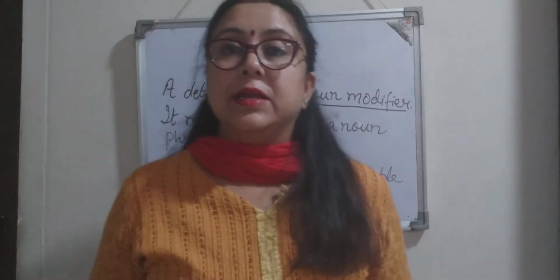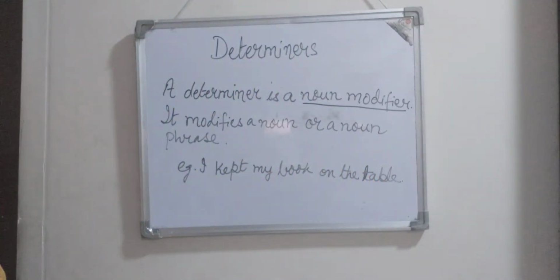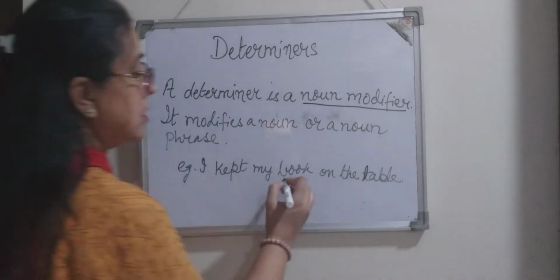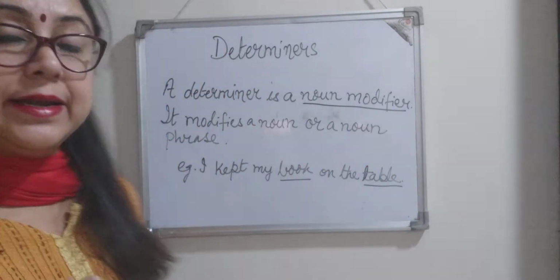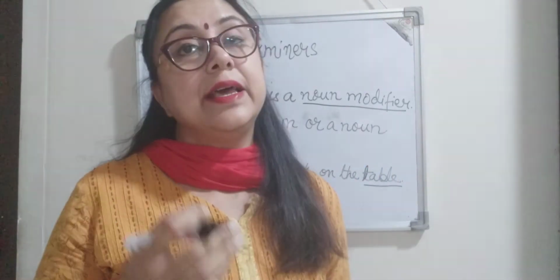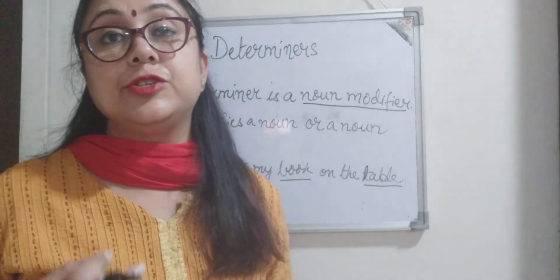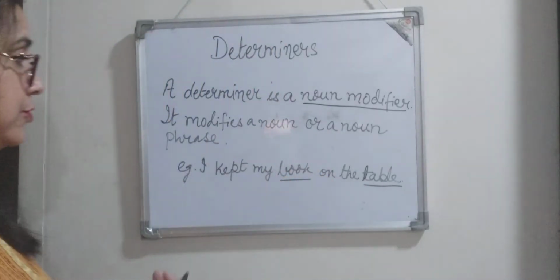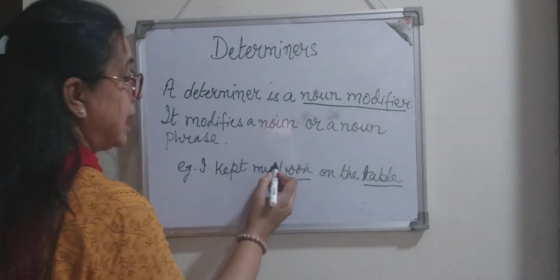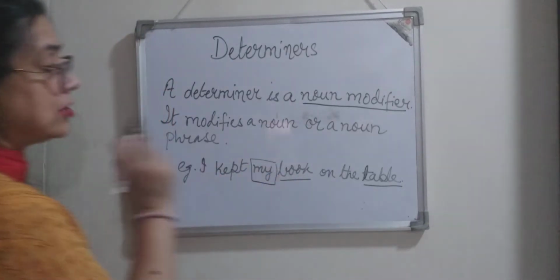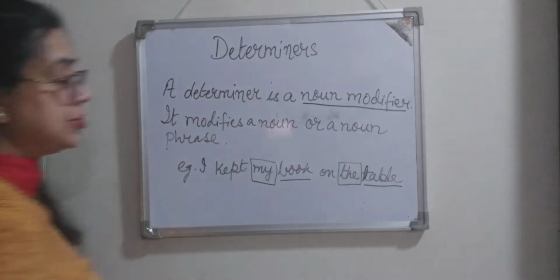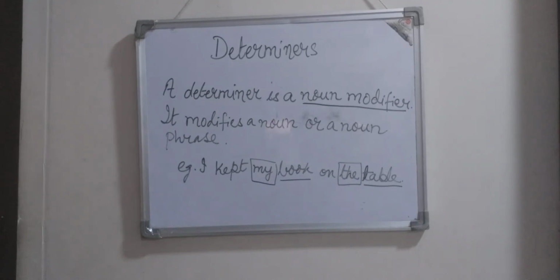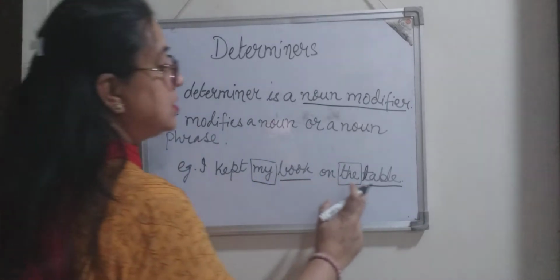Fine. Now, let us see an example. I kept my book on the table. So, where are the nouns here? Book and table. And now, let us find out which words give us more information about these nouns. Of course, here in this sentence, my gives us more information about book, and the gives us more information about the table, right? So I kept my book on the table.